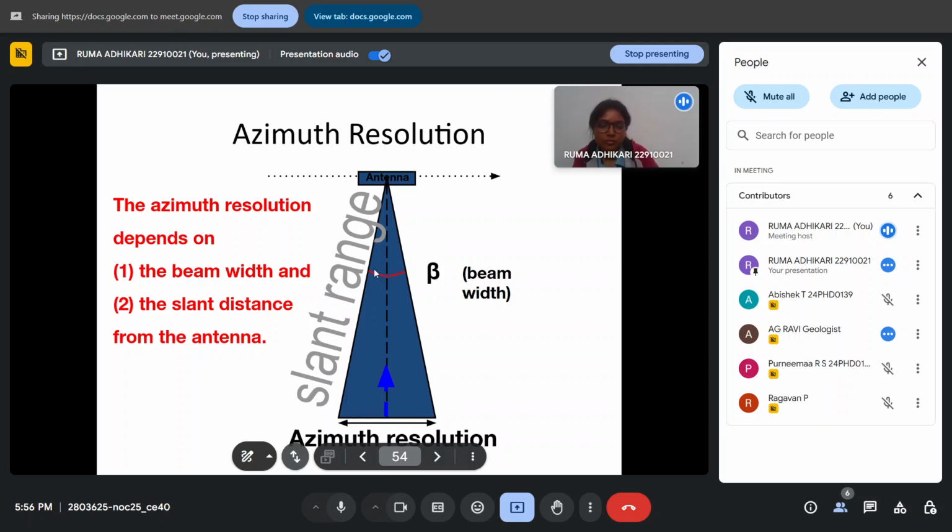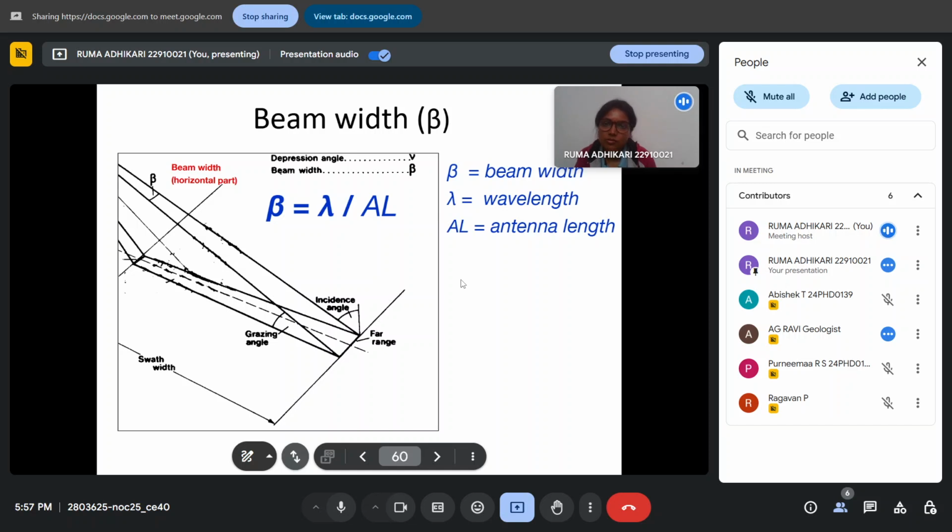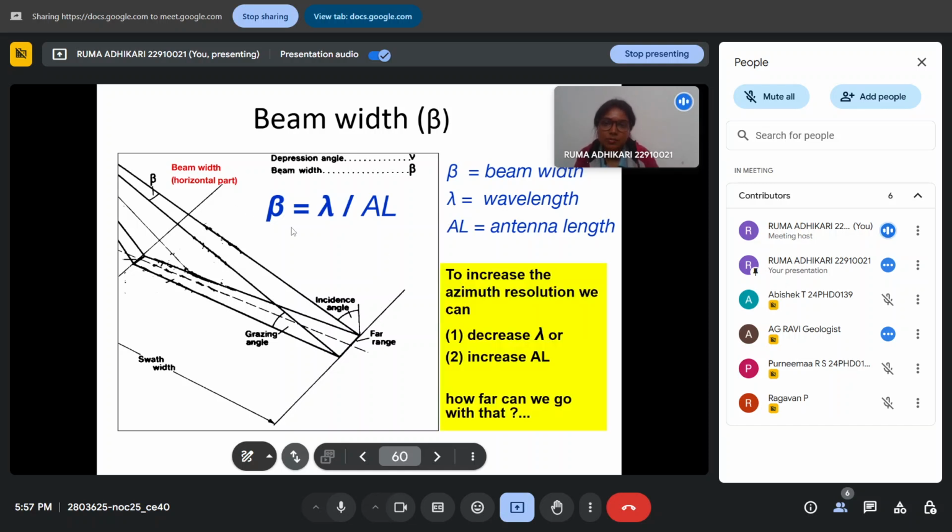So suppose for one beam width the azimuth resolution was 5 meters. For a smaller beam width, azimuth resolution becomes 3 meters. That is more acceptable for us, because then we call it higher resolution. So to decrease the beam width, we have to increase the antenna length, and in synthetic aperture radar we are increasing the antenna length virtually.